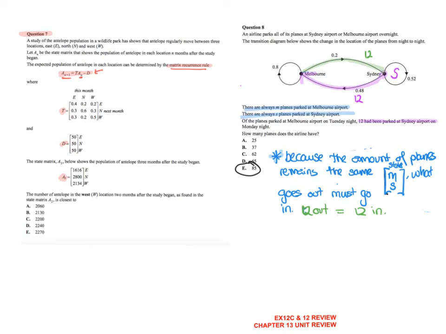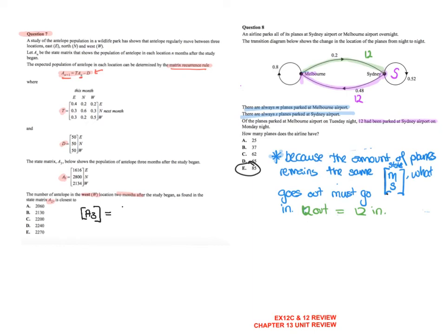So it says the number of antelope in the west location after 2 months. So that's A2. So we're after A2, but we've been given A3. So what we're going to do is set up a rule showing how we got A3 using A2.